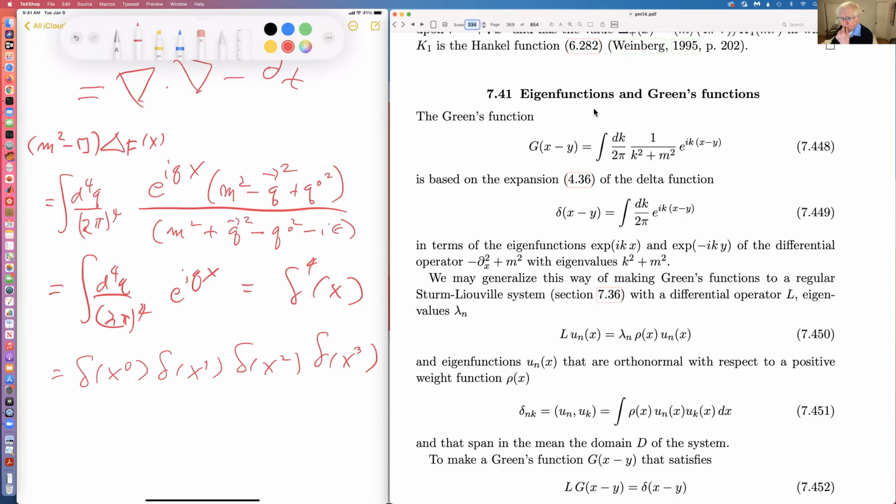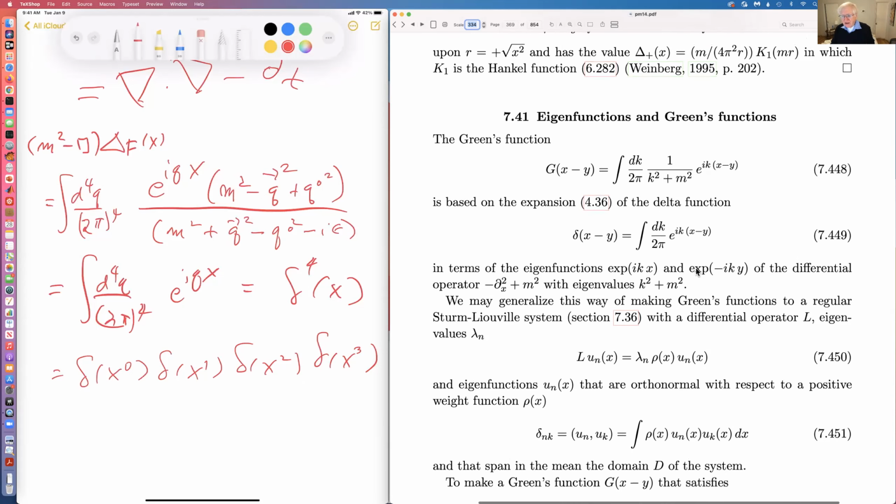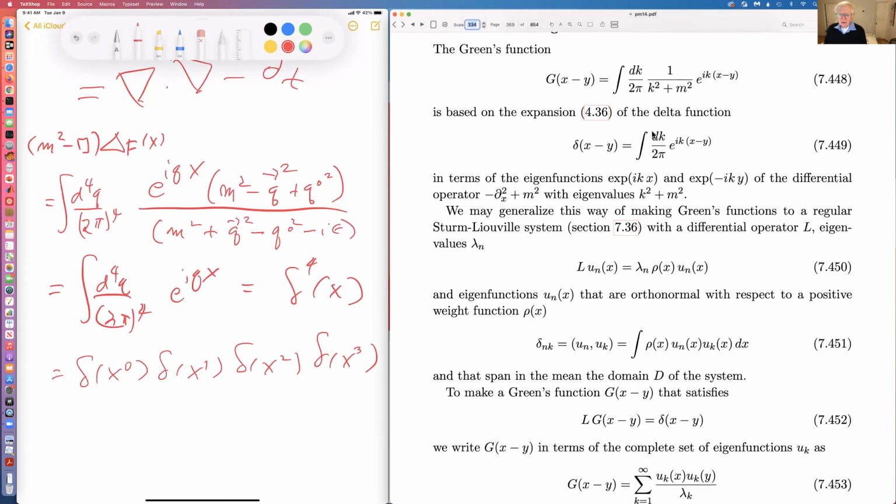And well, here's a Green's function based on the expansion of the delta function in terms of eigenfunctions of this differential operator with these eigenvalues. Of course, when I say these eigenvalues, the m squared is just playing a cipher role here because I'm just adding m squared times the exponential twice.